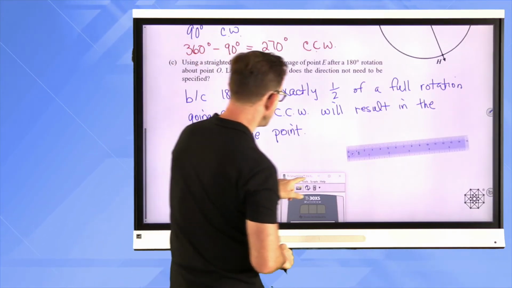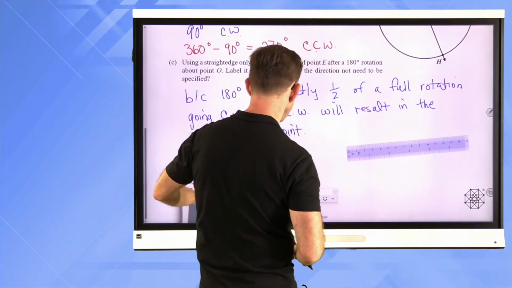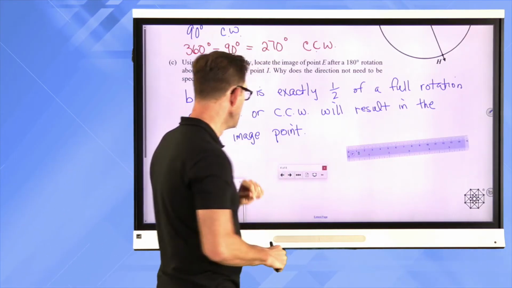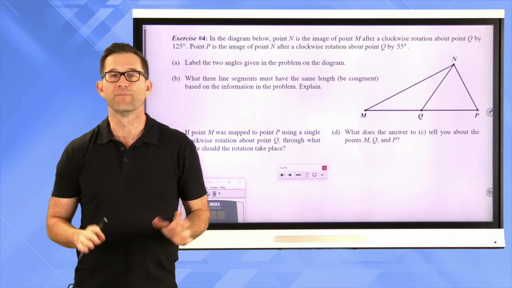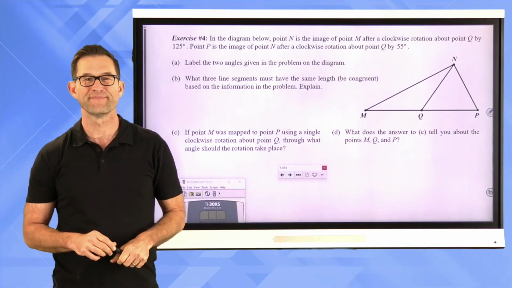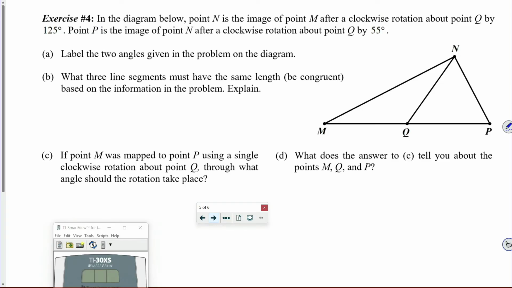All right. Let's take a look at exercise number 4. In the diagram below, point N is the image of point M after a clockwise rotation about point Q by 125 degrees.